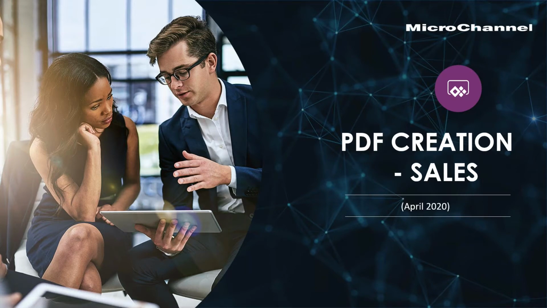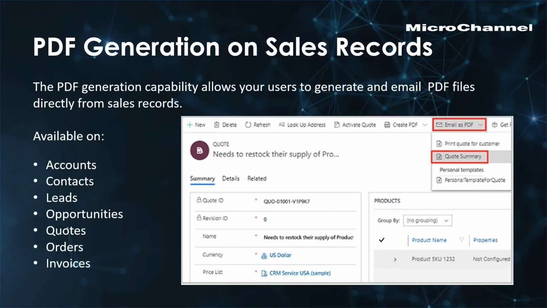We'll have a look at this, but it also enables you to not just create a PDF and store it, but also to email that quite easily, without any manual process, to the contact of that particular opportunity. So two great new tools within Dynamics 365 in the sales area around PDF creation and emailing.